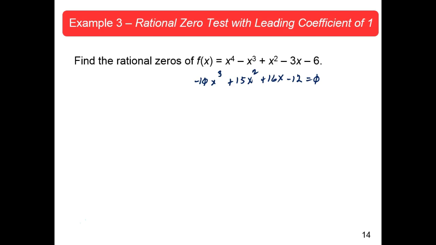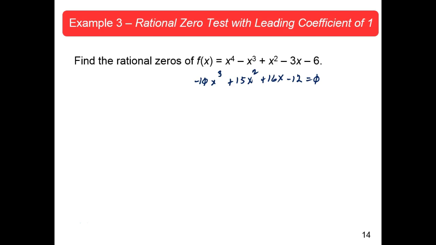Solving a polynomial equation is the same as finding the zeros of the function. Let's treat that as a polynomial function. What would be your possible zeros?